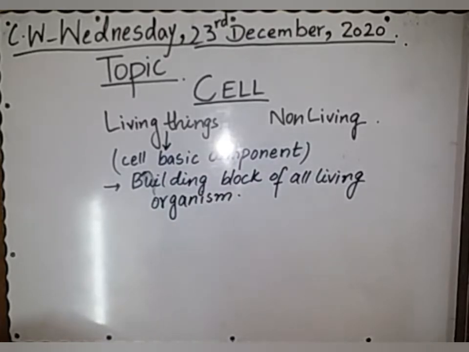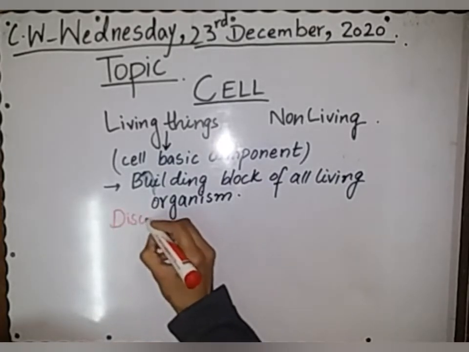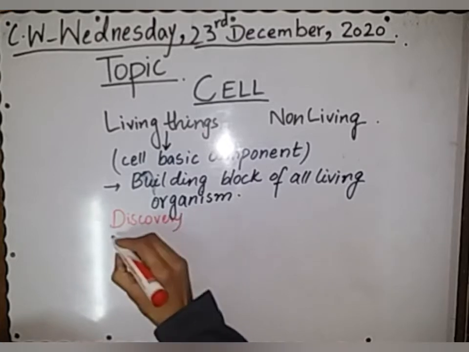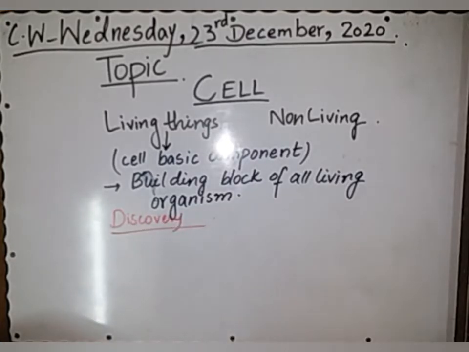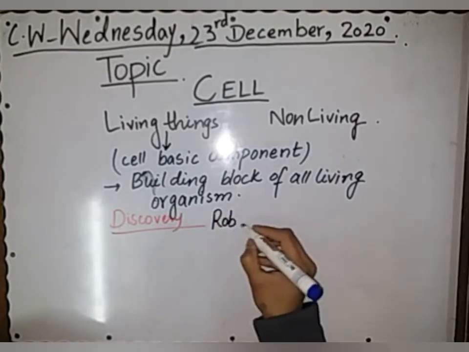Now I will explain to you about the discovery of the cell. Who discovered the cell? Robert Hooke was the English scientist who discovered the cell.